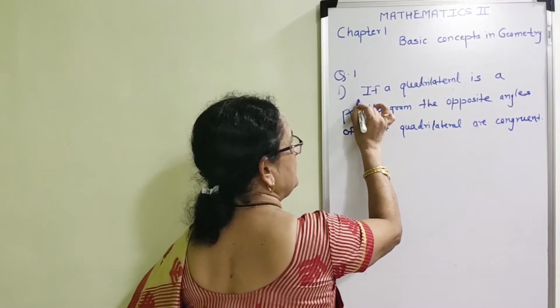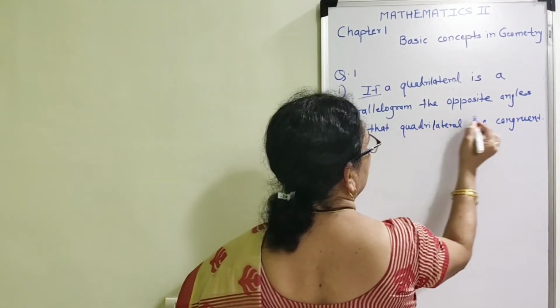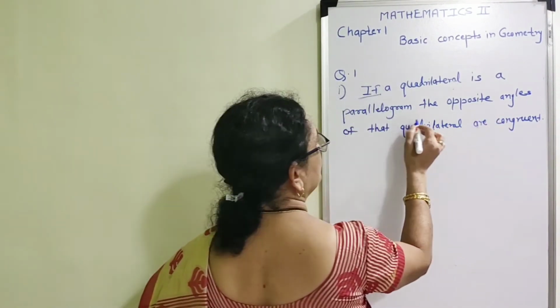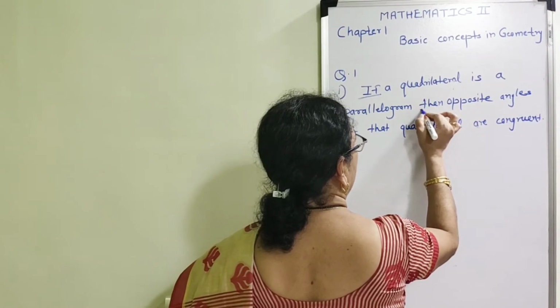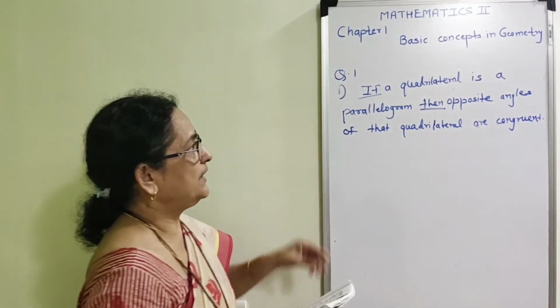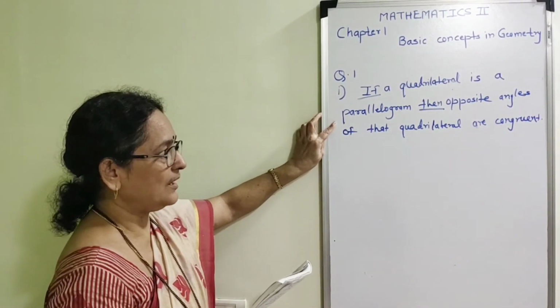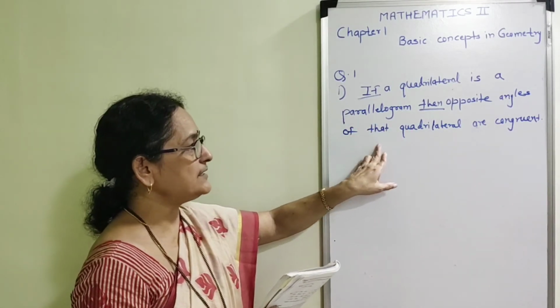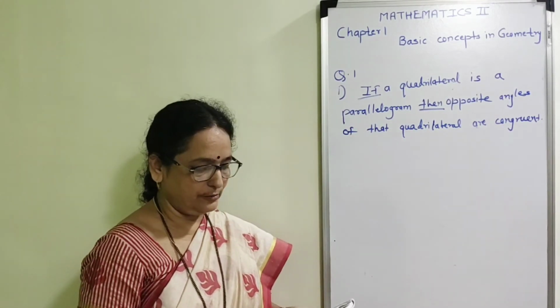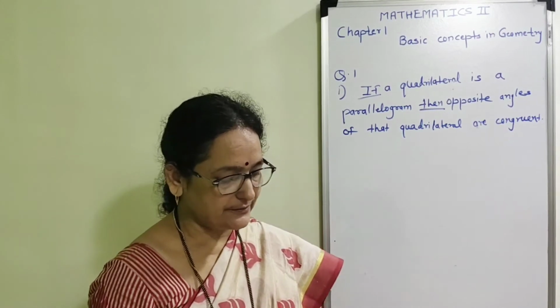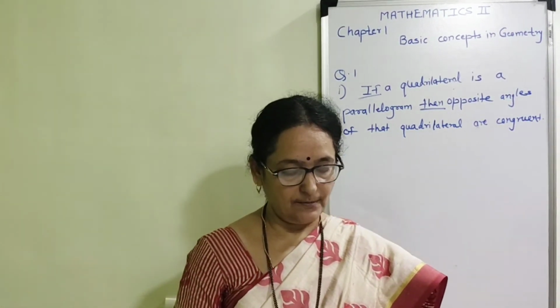Now this is the if part and this is the then part. If a quadrilateral is a parallelogram, then opposite angles of that quadrilateral are congruent. This is the answer for the first statement of question number 1.